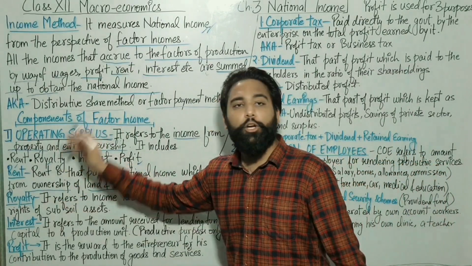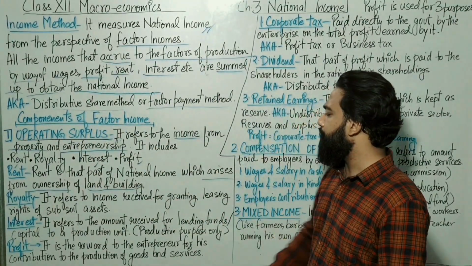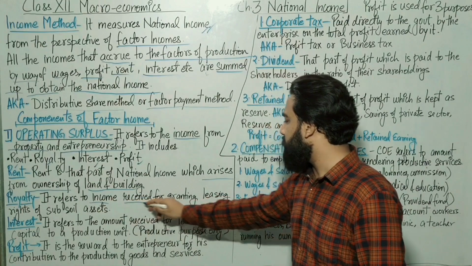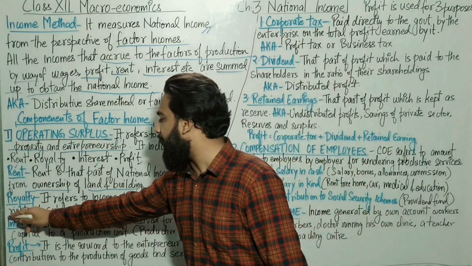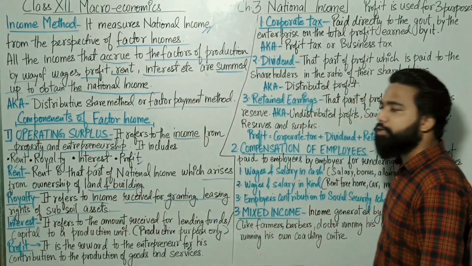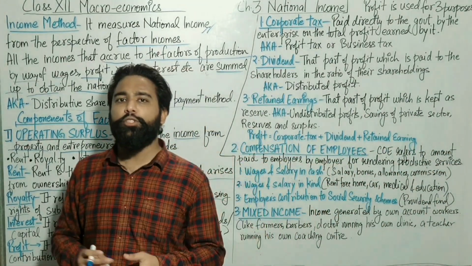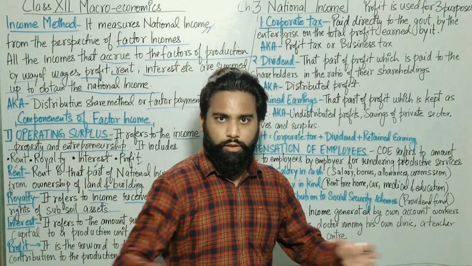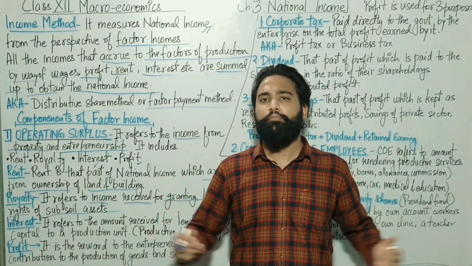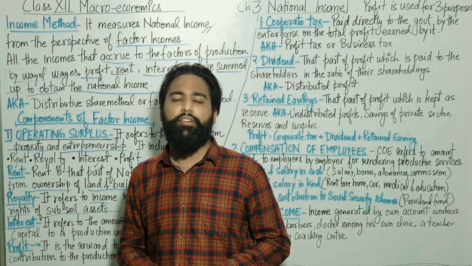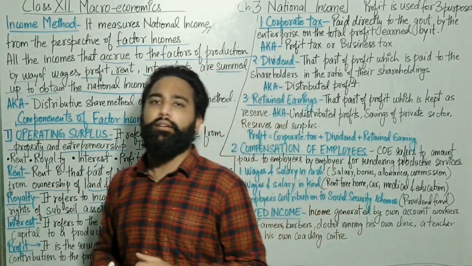Now the next one is royalty. Now what is royalty? It refers to income received for granting leasing rights of subsoil assets. Now understand this with an example. Suppose where you live, where your house has been built, under that ground level you find a gold mine.